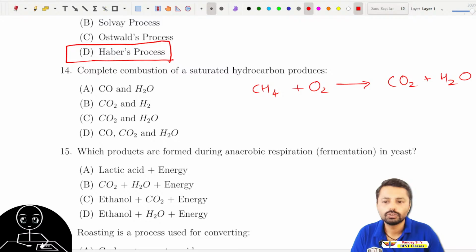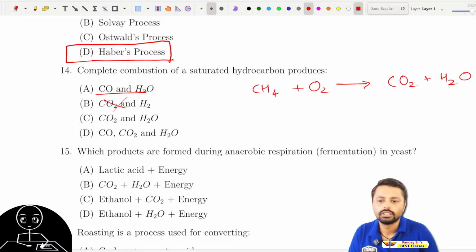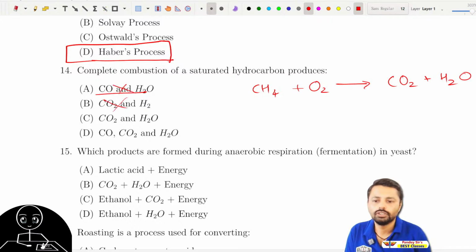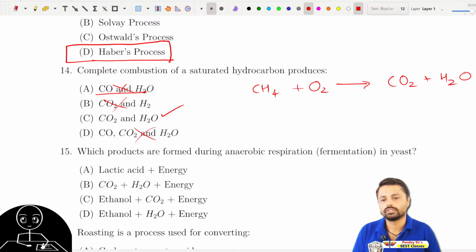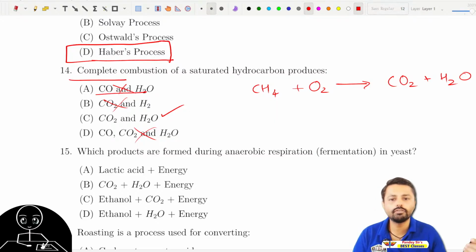So CO is wrong, CO2 plus H2 is wrong, CO2 plus H2O is correct. Complete means there is as much oxygen as needed. If you still have any doubt or difficulty, you can definitely ask me.